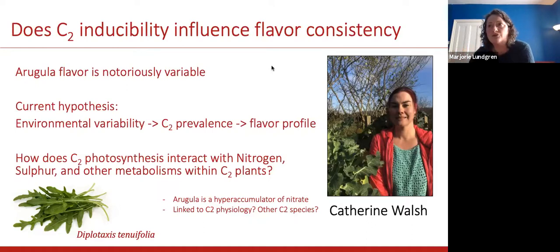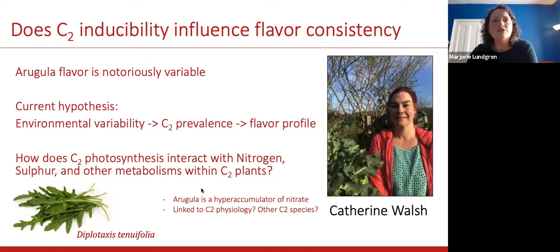And we have reason to believe that it is linked. And so Catherine is doing some very, very cool work. She's trying to link the carbon, nitrogen, and sulfur metabolisms in C2 plants to understand how not only these metabolisms, but other metabolisms all interact to affect flavor. Because if we want to start introducing C2 photosynthesis into crops, we need to know if this is going to be a problem.